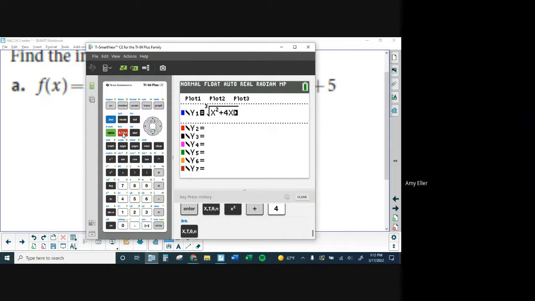Cube root of x squared plus 4x. Hit graph.